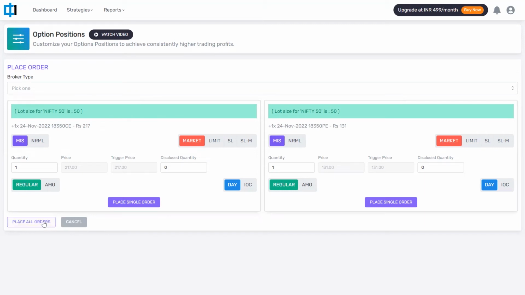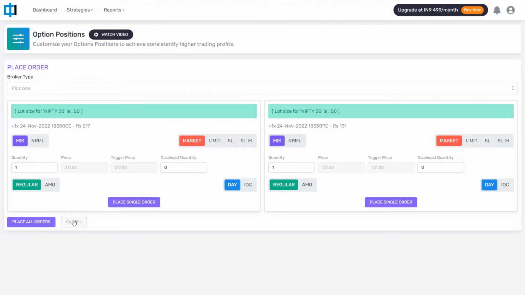What this does is it not only places all the orders together, it first places the buy orders and then places the sell orders, so that if your broker does not allow you to sell options without buying them, you can, of course, take advantage of the fact that you are buying.